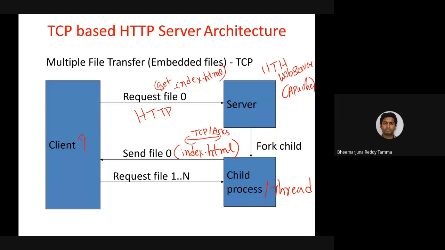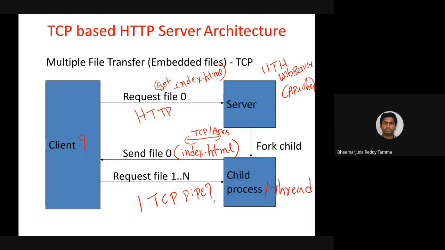So my question is, do you use one TCP pipe? It depends on how we implement it. It can be persistent. In that case, we will be using one TCP pipe, and otherwise it will be having multiple TCP pipes. I think persistent and parallel TCP connections are complementary to each other.